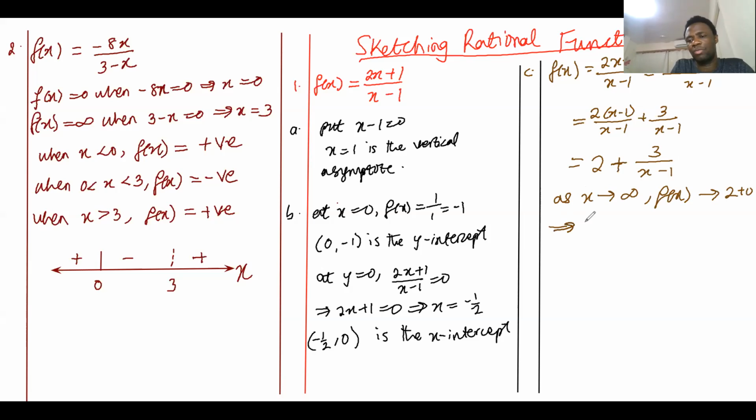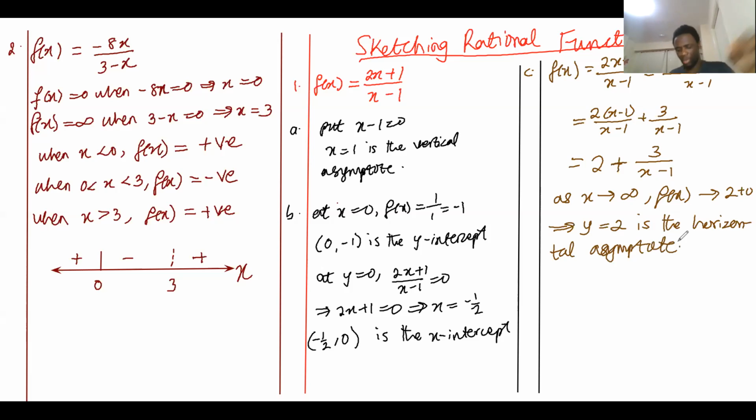So that means y equals 2 is the horizontal asymptote. Okay. Then it says draw the function diagram. Then E is draw the function diagram.